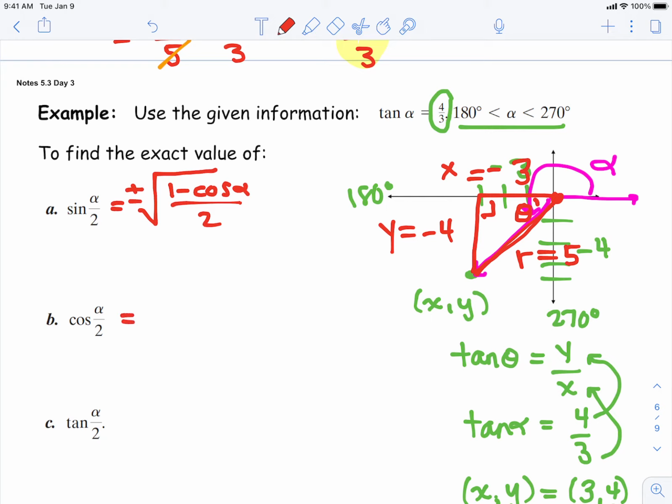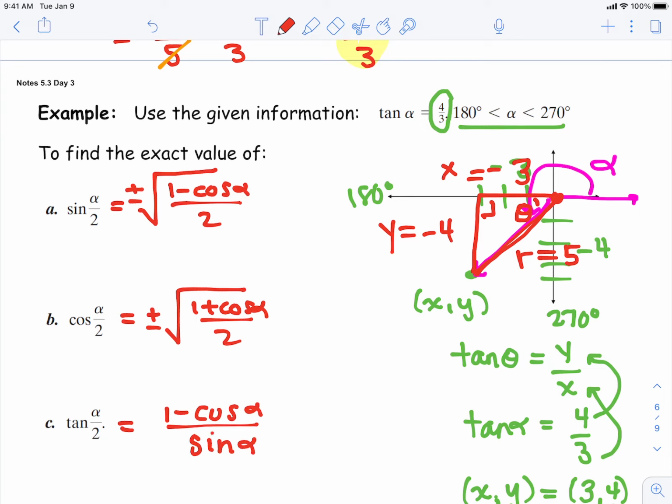All right, the next formula, the cosine, is plus or minus the square root of 1 plus the cosine of alpha over 2. And then tangent can be used, there's a few different formulas, and I'm going to just use this one here. 1 minus the cosine of alpha over the sine of alpha.